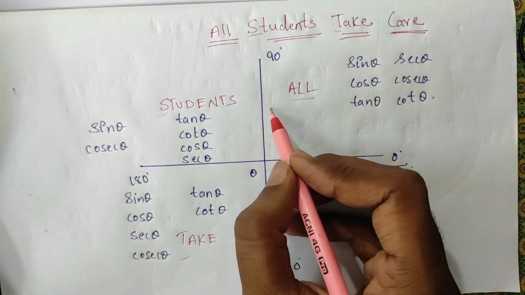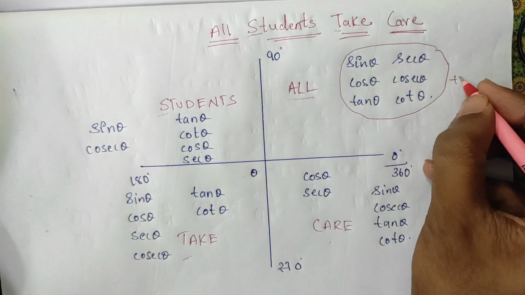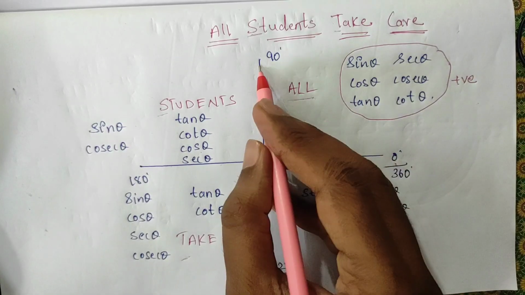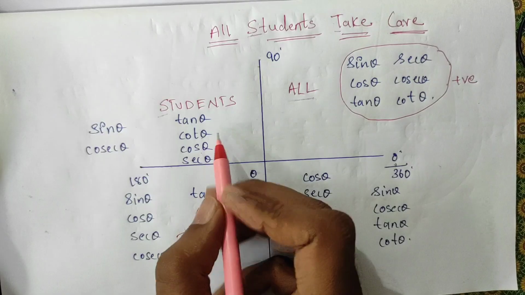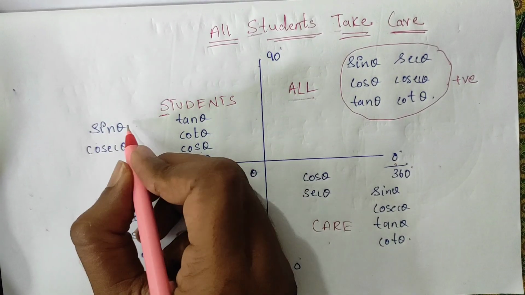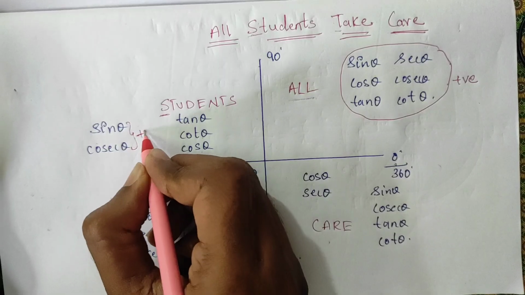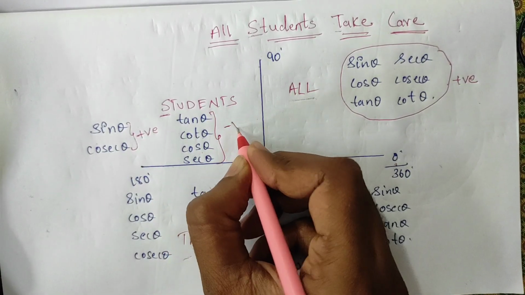All means all 6 trigonometric ratios are positive in the first quadrant, 0 to 90 degrees. Coming to the second quadrant, S stands for sine and its reciprocal cosec. They both are positive in the second quadrant, the remaining 4 are negative.